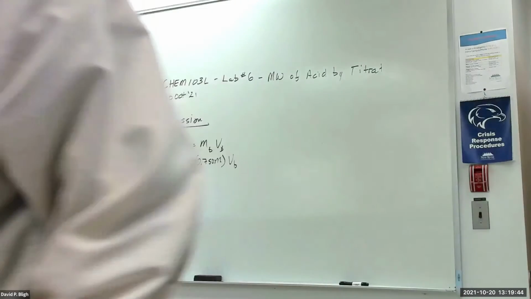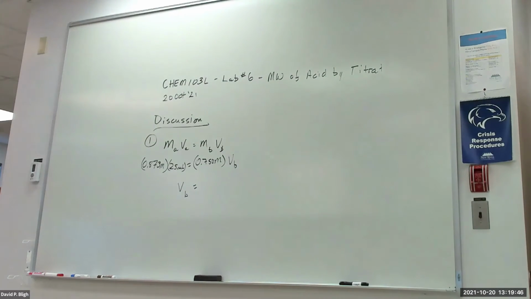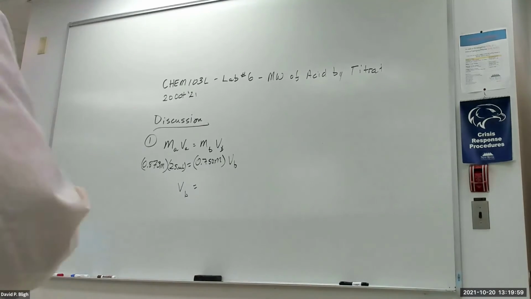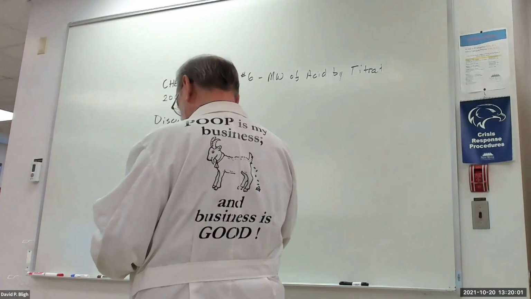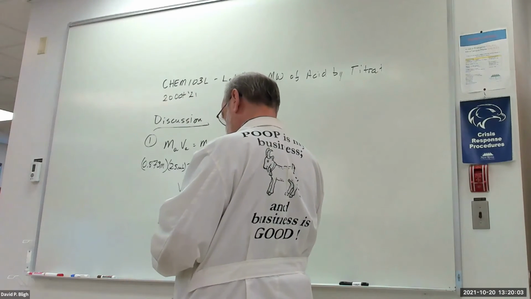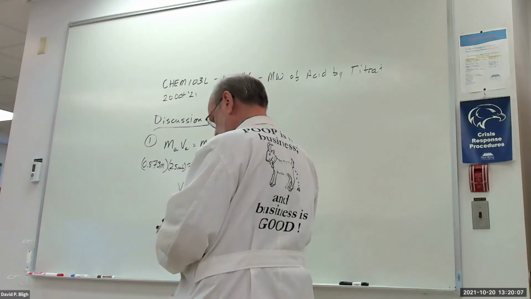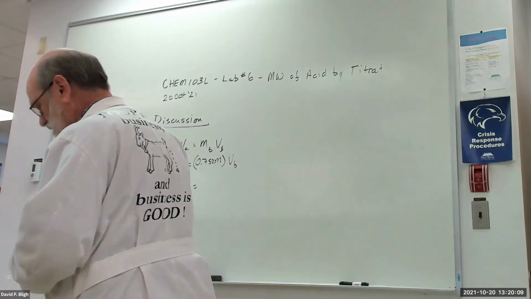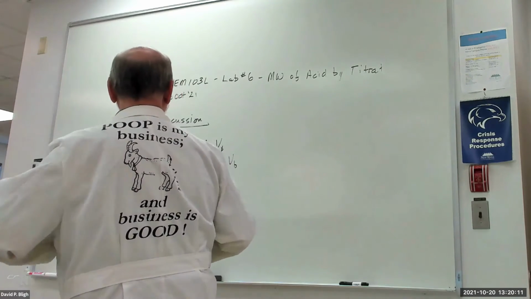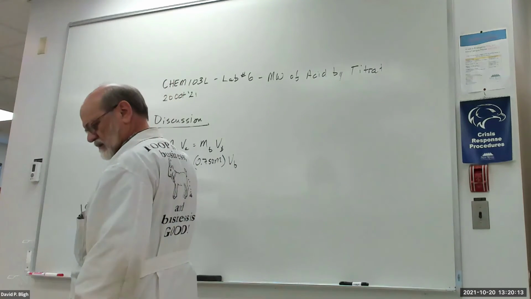Okay, 25 times 0.873, and then divided by 0.75. So that should be, how many significant figures? Well, that was only 2. Is that right?